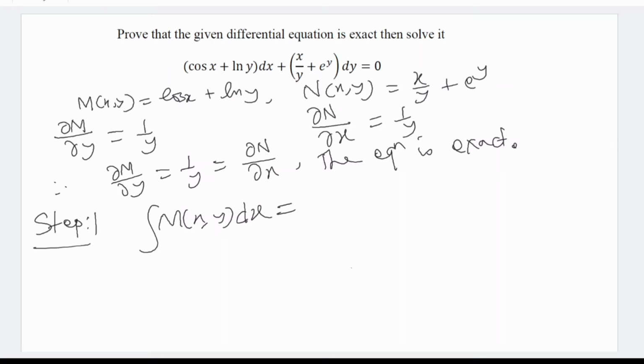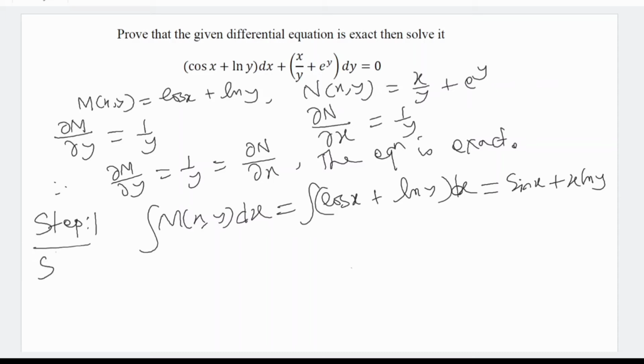Here our M is cos x plus ln y, dx. Here y is considered constant, so the integration of cos x is sin x, plus the integration of ln y with respect to x is x ln y, because y is constant.